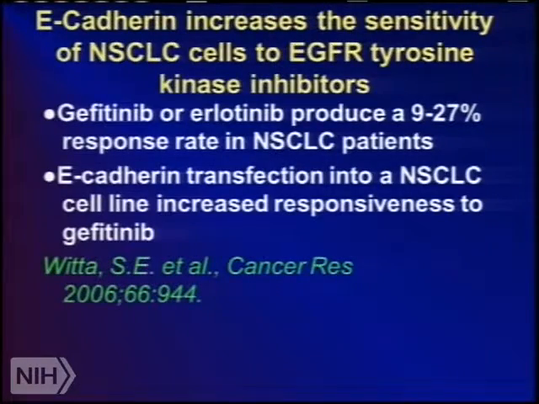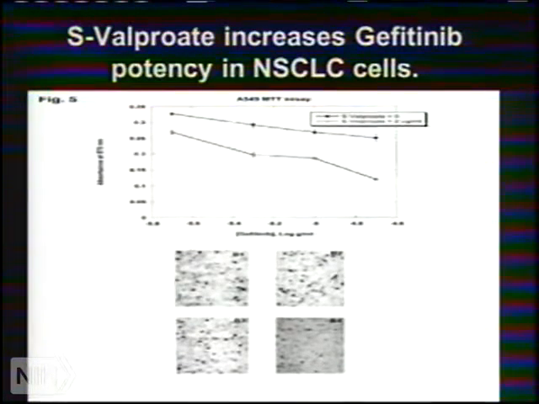So if you transfect E-cadherin into lung cancer cells, you can actually increase the responsiveness of the cells to gefitinib. And so we then added the non-steroidal anti-inflammatory, the COX-2 inhibitors to the valproate, and we saw that the dose-response curve shifted, and the cells were then more responsive to the gefitinib.